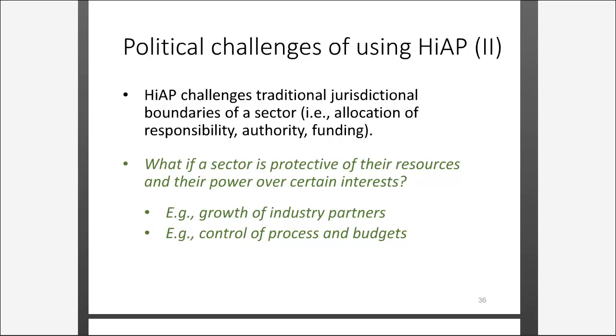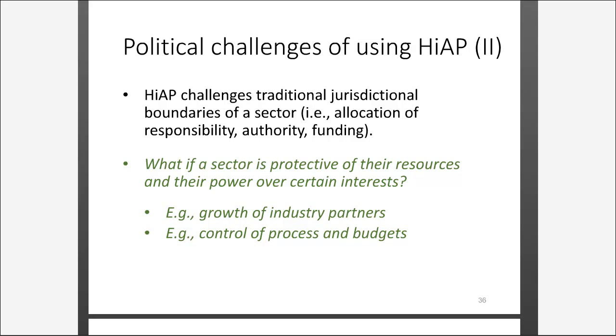So, for example, a partner that you're working with might really have the interests of an industrial partner in mind, and their main objective might be to support the growth of a particular industrial partner. And if health and health policies imply some curtailing of the power of that industrial partner, or control or regulation over them, that's going to create this sort of jurisdictional conflict.